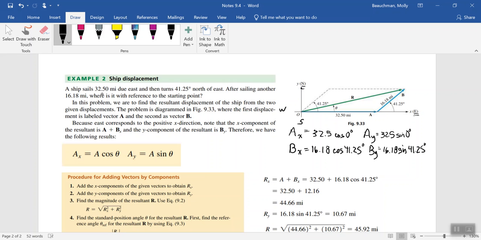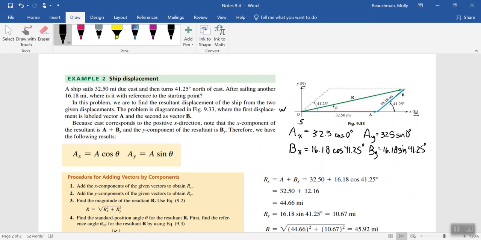So if we're sailing 32.5 miles due east, then we're going right along the x-axis. And then it turns 41.25 degrees north of east. So from here, we're turning 41.25 degrees north of east, and then traveling another 16.18 miles.